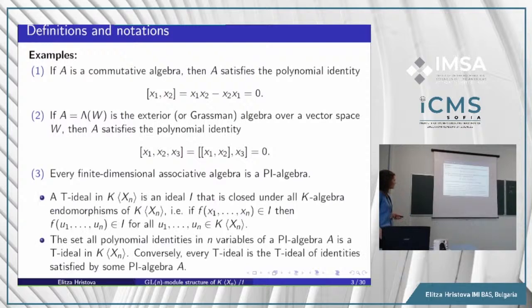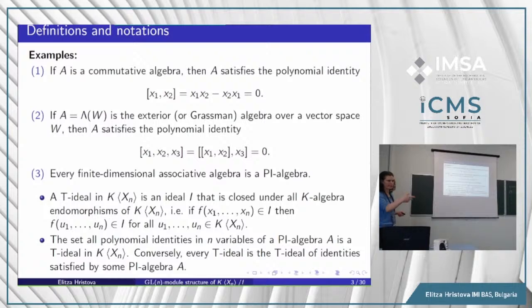Okay, then the next definition that we need is the notion of a T-ideal. A T-ideal in K⟨x_1, ..., x_n⟩ is any ideal that is closed under all K-algebra endomorphisms of K⟨x_1, ..., x_n⟩, which means that if we take an element from the ideal, so a non-commutative polynomial, and replace the variables with arbitrary elements, we again obtain an element from the T-ideal.